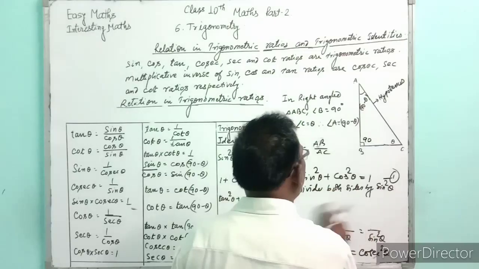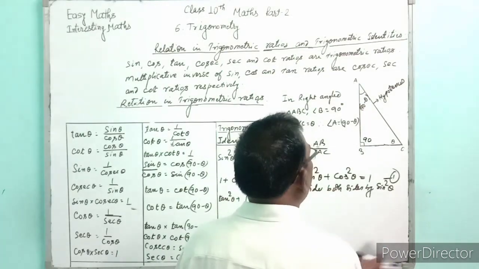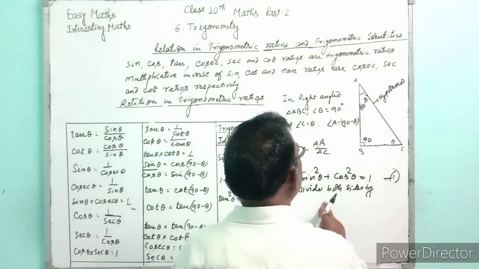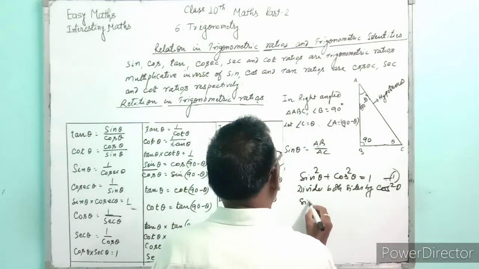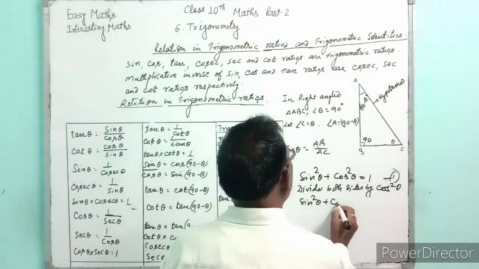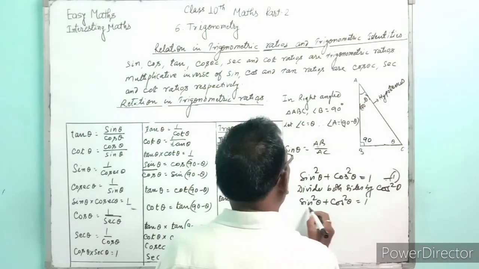Similarly, we can prove the third identity. Divide both sides by cos square theta. So, sin square theta plus cos square theta is equal to 1.